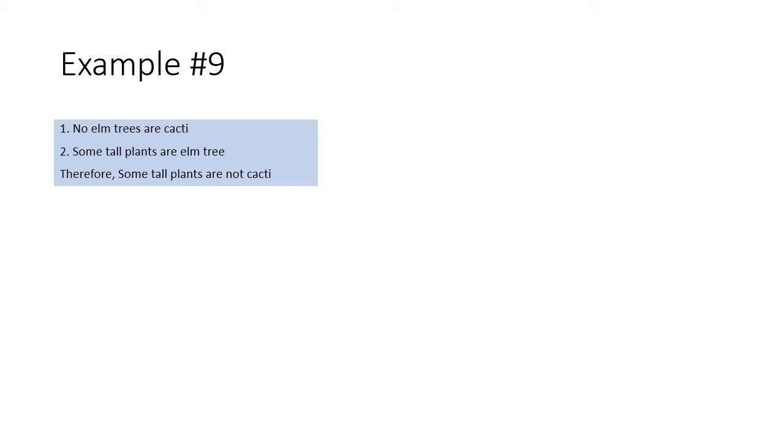All right, number 9, no elm trees are cacti. Some tall plants are elm trees, therefore some tall plants are not cacti. So tall plants is our S, subject of the conclusion.